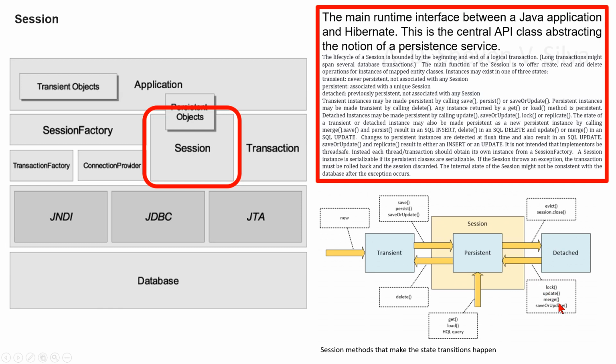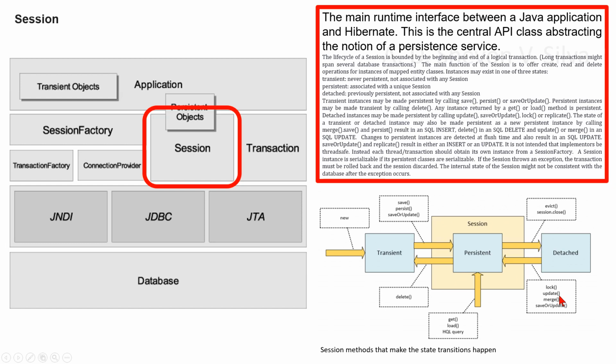Update. As with persist and save, the update method is an original Hibernate method. Its semantics differ in several key points.